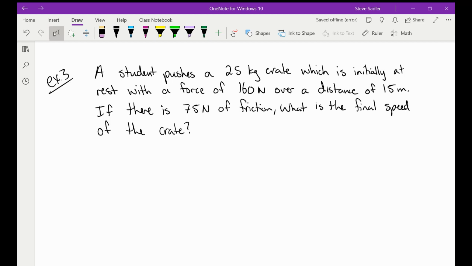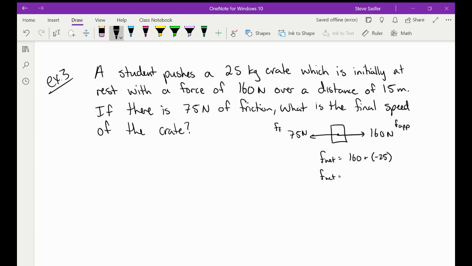Okay, a couple things we want to look at. We have a crate being pushed with an applied force of 160 newtons and a friction force of 75 newtons. So my net force is going to be 160 plus negative 75.